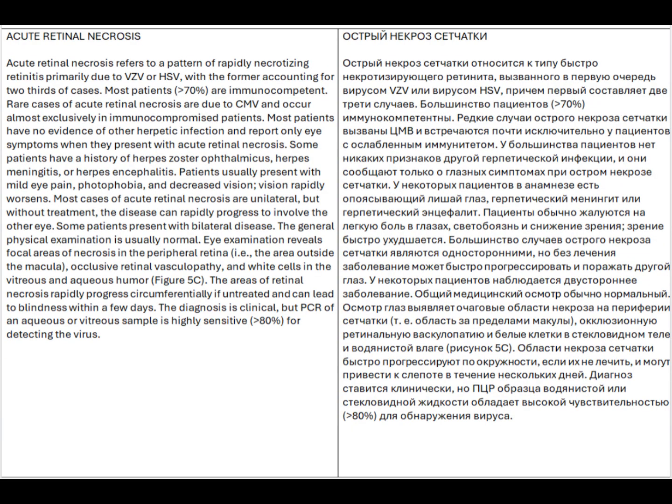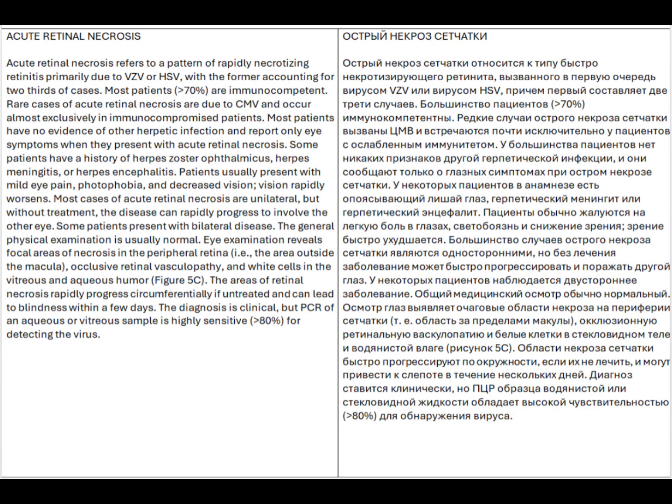Acute retinal necrosis. Acute retinal necrosis refers to a pattern of rapidly necrotizing retinitis primarily due to VZV, or HSV, with the former accounting for 2/3 of cases. Most patients, greater than 70%, are immunocompetent.